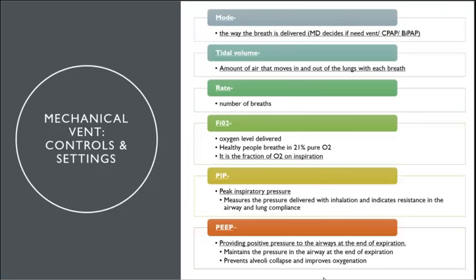And then your PEEP is exhaling. How much pressure do we need to maintain in our lungs at any given minute so our alveoli don't collapse? So PEEP provides positive pressure in the airway at the end of expiration. It maintains the pressure in the airway at the end of exhaling. It prevents collapsing of the alveoli. These are all the settings and things that you're going to be looking for when that patient's on a ventilator.